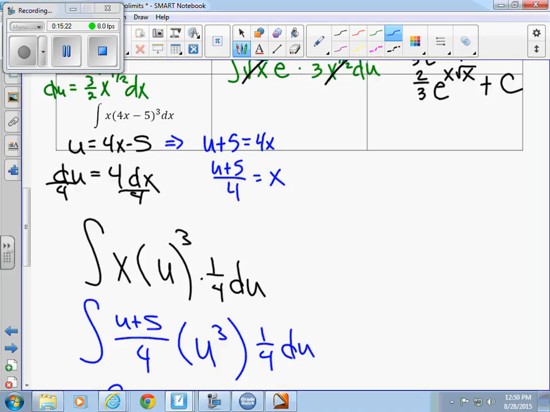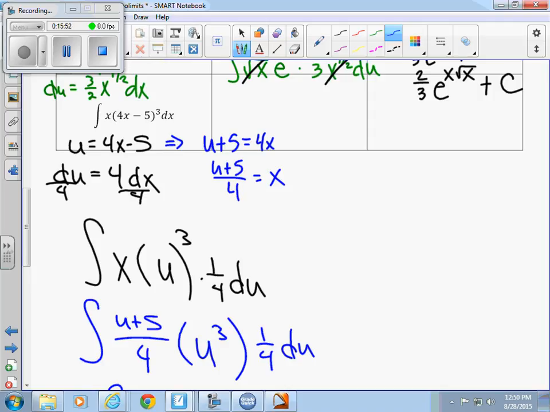Again, if this happens, glance at the other possibility for you. Make sure you didn't just pick a bad u. But on this one, if I did dx, it would just be 1. Neither way is going to get rid of my other piece of the function, so I'm just stuck. So when I see that happen, I go ahead and do my u substitution. But then I'm going to go back and solve for x in my u substitution and replace that x with u's.